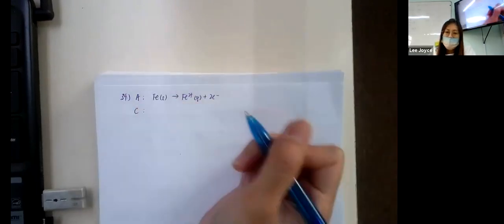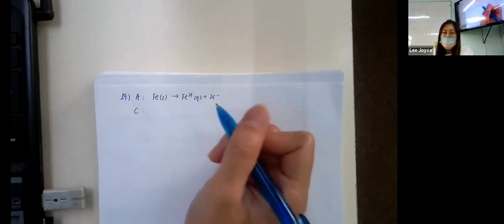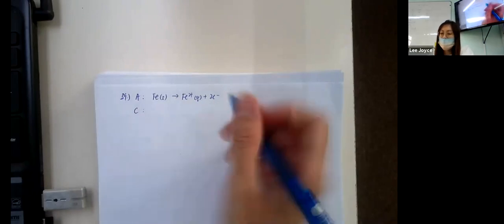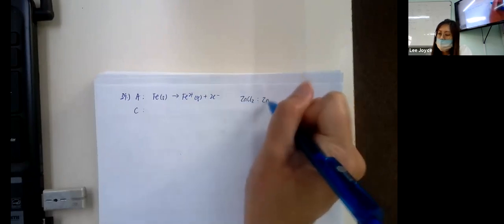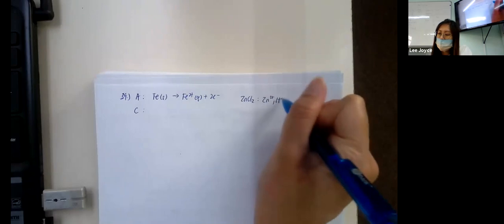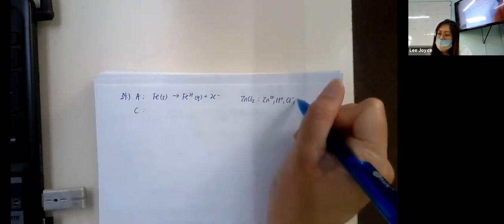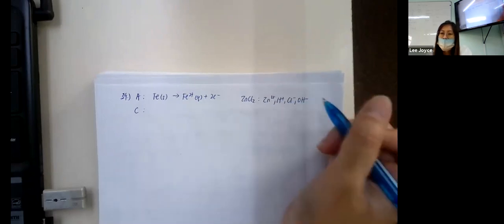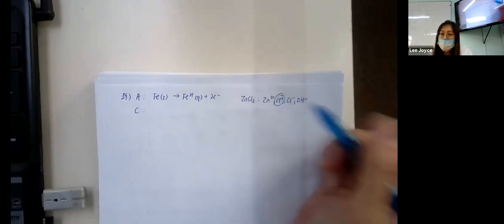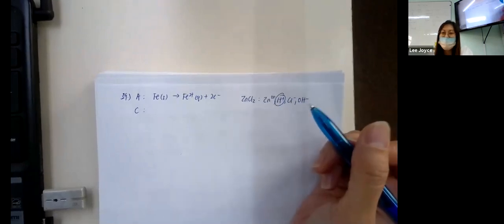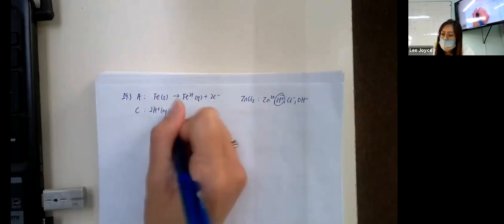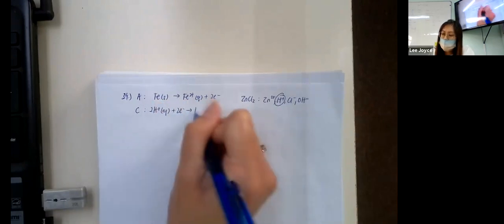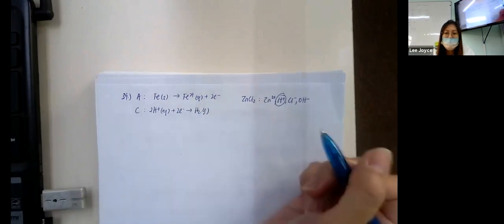Okay, and then at the cathode, what will be discharged? We're going to look at the electrolyte, which is the zinc chloride. In this solution, there are Zn2+ ions, H+ ions, Cl- ions, and OH- ions. At the cathode, it will be the H+ ions that are more preferred to be discharged, to give hydrogen gas.